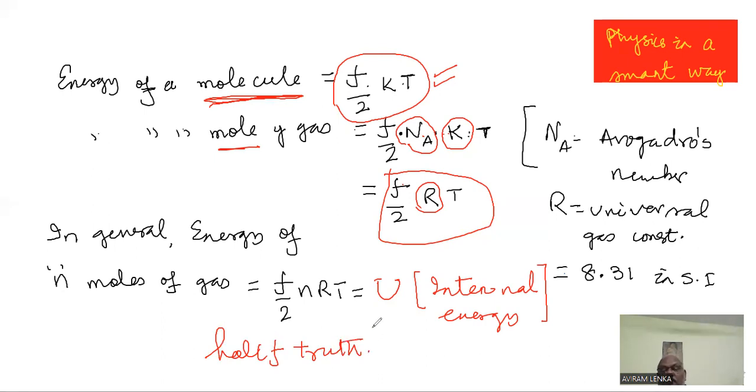So when somebody says that the internal energy or total energy of a gas is equal to f by 2 into nRT, we know that's a very big statement. But technically, from a philosophical point of view, that may be slightly wrong.